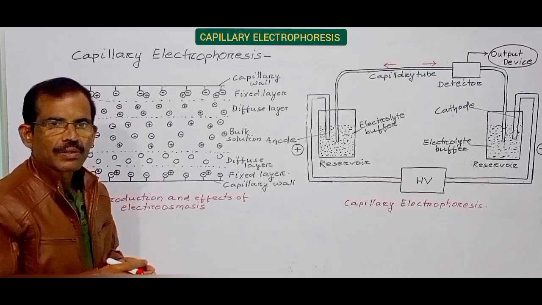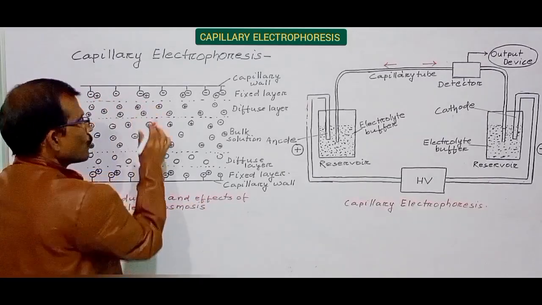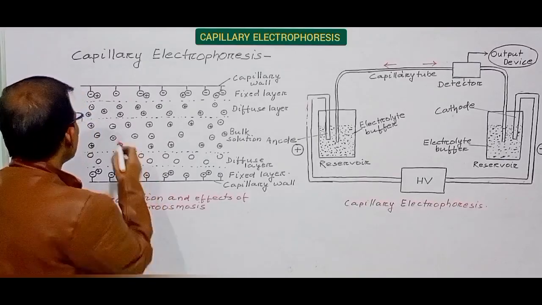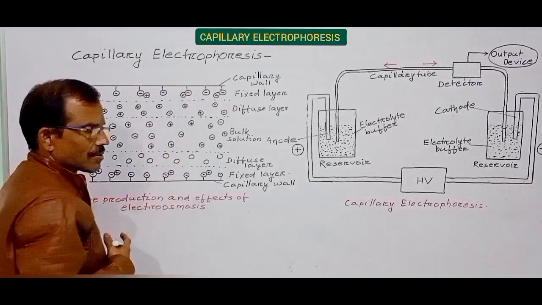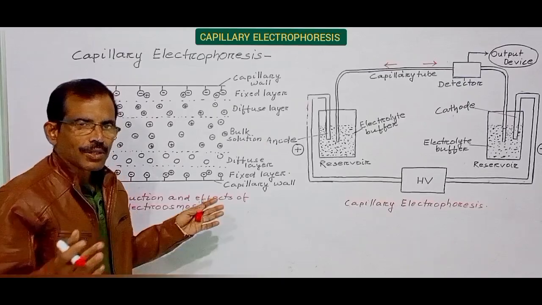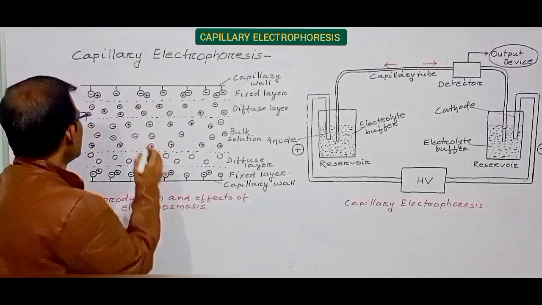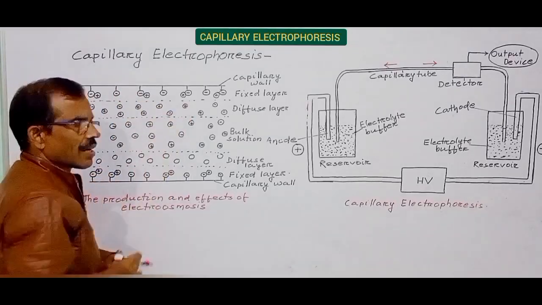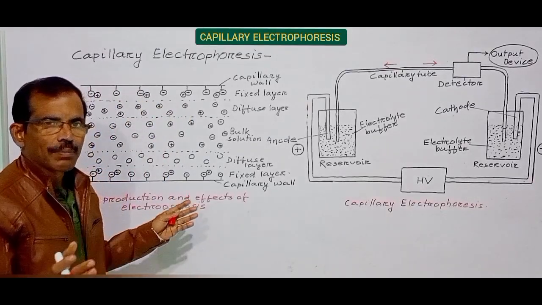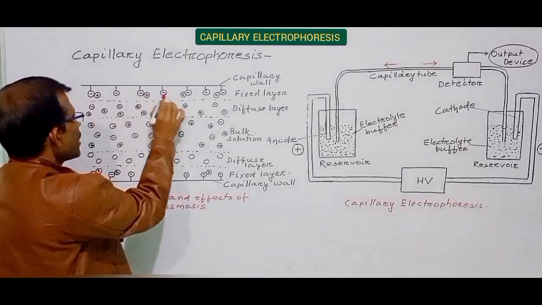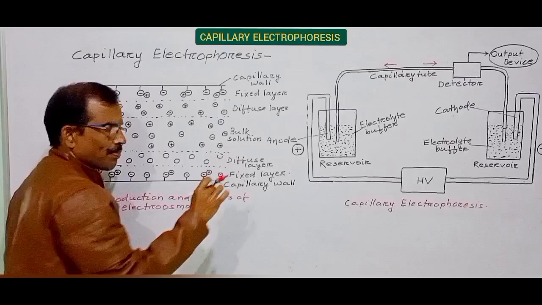At a pH greater than 2 or 3, the silanol groups become ionized to form negatively charged silanate ions. Cations present in the buffer solution are attracted towards the silanate ions. Some of these cations are tightly bound to the silanate ions. This forms a fixed layer.